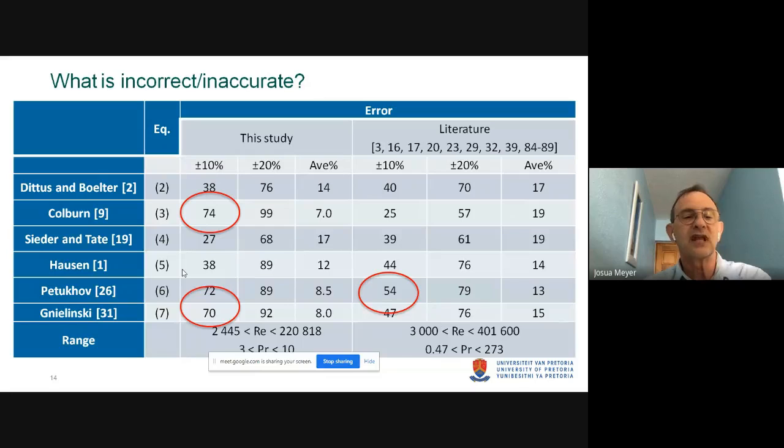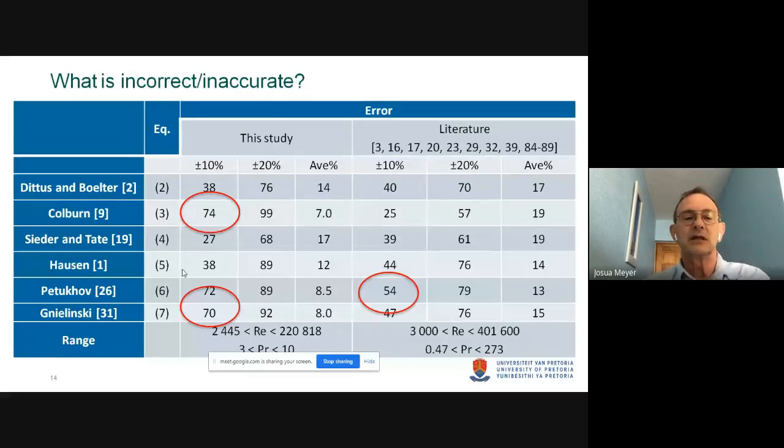What is actually interesting is that the Colburn equation is more accurate, because 74% of the data was within 10%. However, if we look at plus or minus 20%, then about 99% of the data is accurate. So if we look at this critically, it looks as if the Colburn equation is more accurate than that of Glinsky.